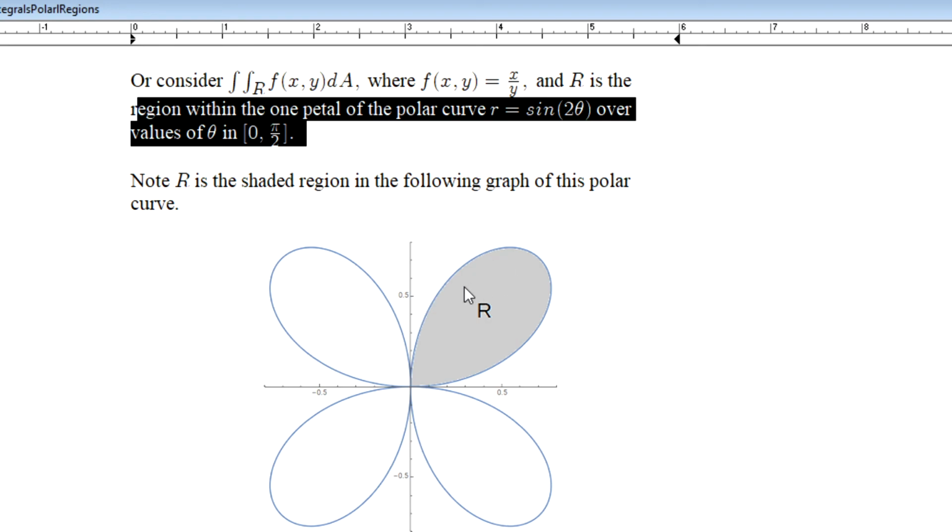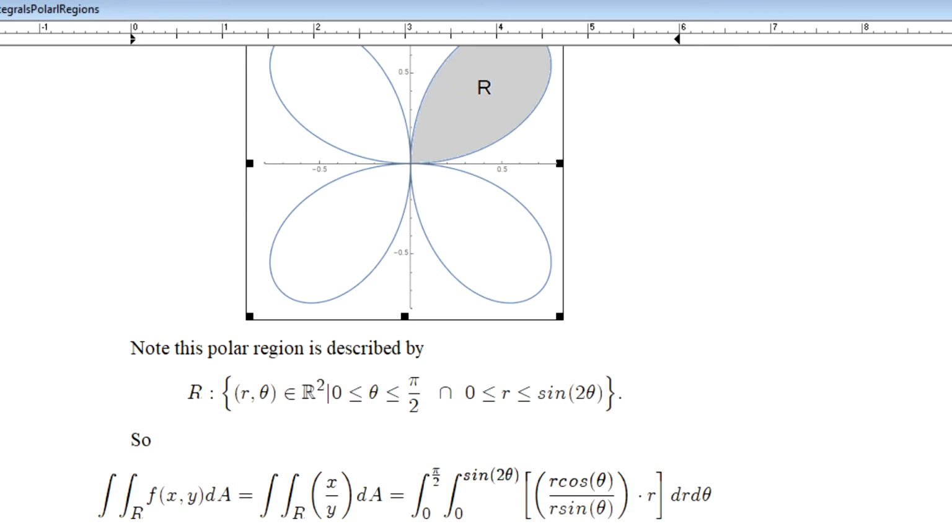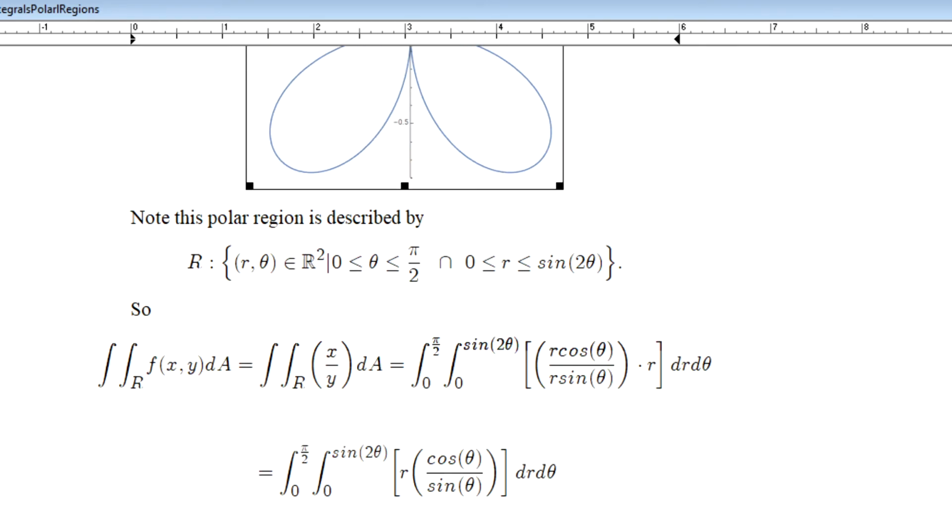You could imagine trying to describe this region in the rectangular coordinate system. This does become a terribly more complicated description in the rectangular coordinate system, and the calculation of the double integral we're asked to calculate, which is a nice clean result.